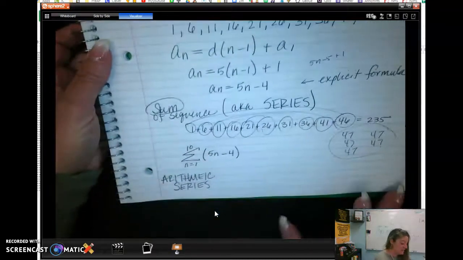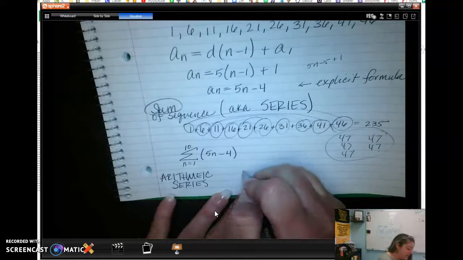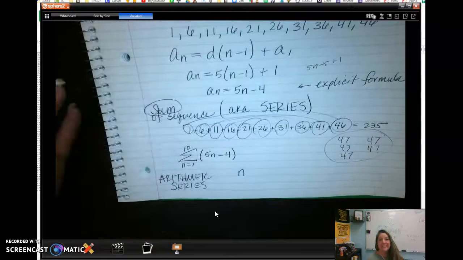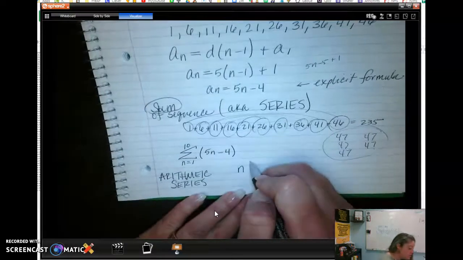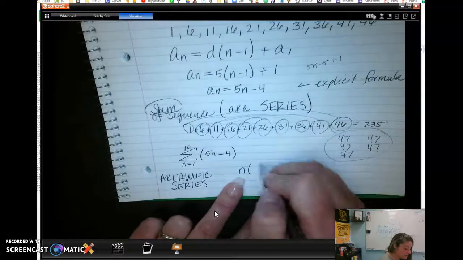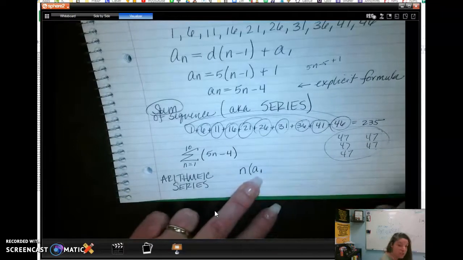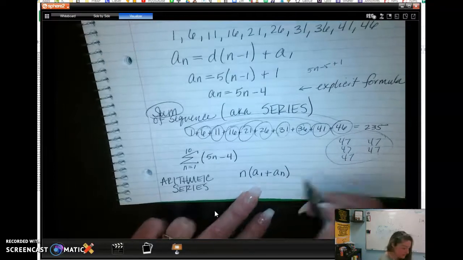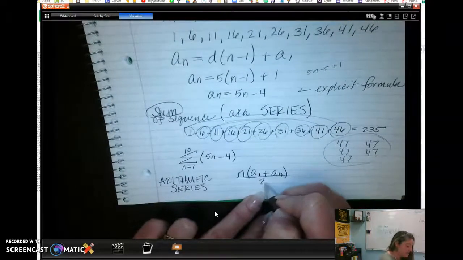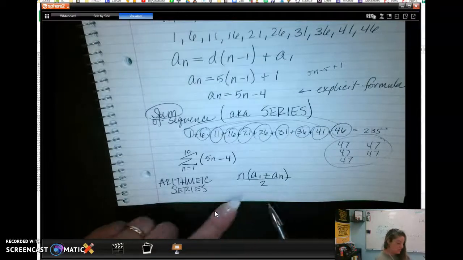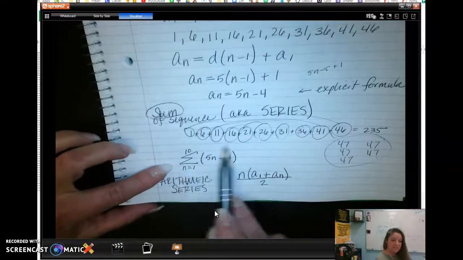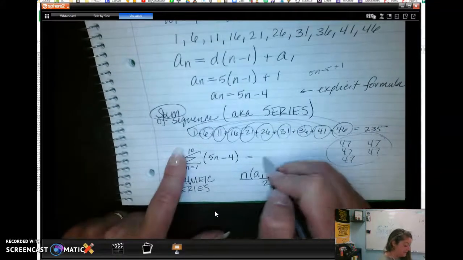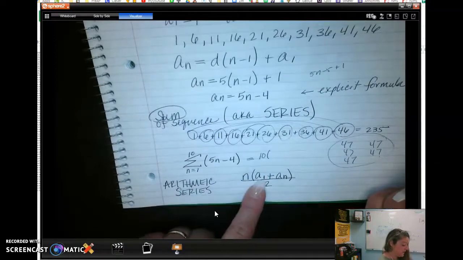It says that you're going to take however many terms there are. This particular example, that number would be 10. There were 10 terms. You're going to multiply that number by the first term plus the last term, and then divide by 2. So if I were to do that with this series, my n is 10, so I'm going to do 10 times a sub 1.